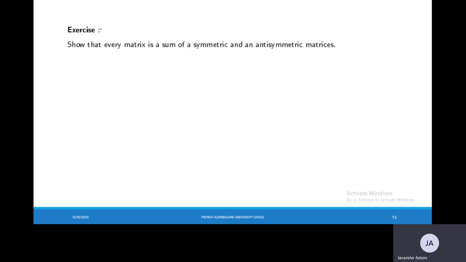Let's look at this exercise. Show that every matrix is a sum of a symmetric and an antisymmetric matrix. Here we mean square matrix. Suppose that we have a square matrix A of any size.